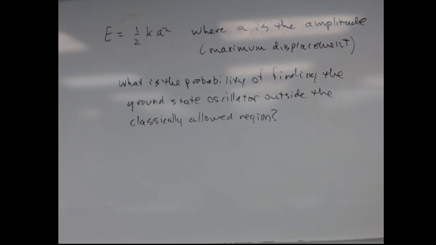What they're asking us for is the probability that it's outside of that region. Do we agree? This is the probability that it's between minus A and A. And so 1 minus this is the probability that it's outside that region.